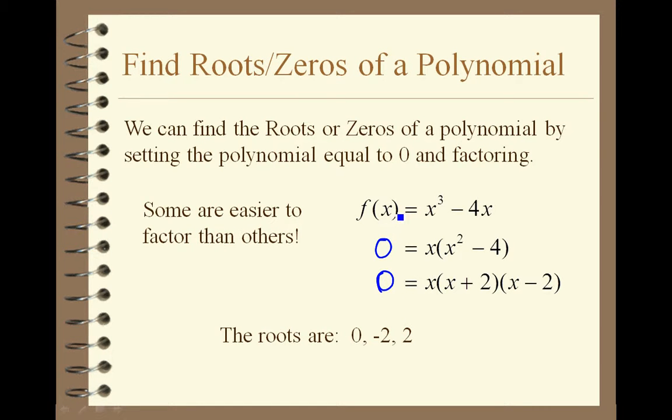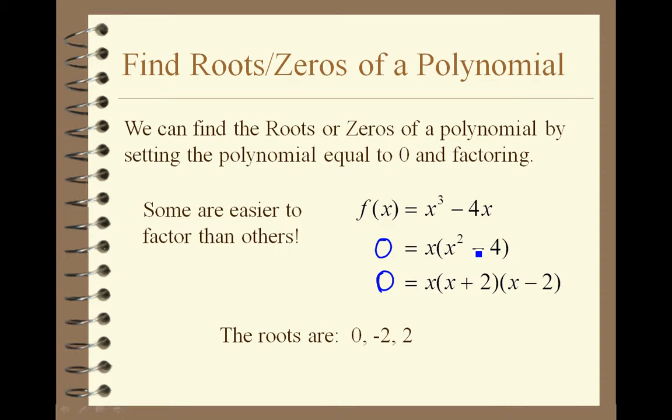Instead of f of x, you can put zeros there, and then you factor your polynomial function. For x cubed minus 4x, the GCF, greatest common factor, always comes out first. The GCF is x. They took an x out, and what's remaining?